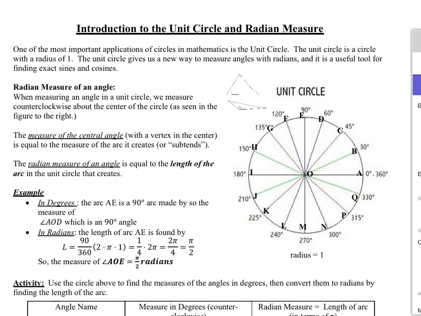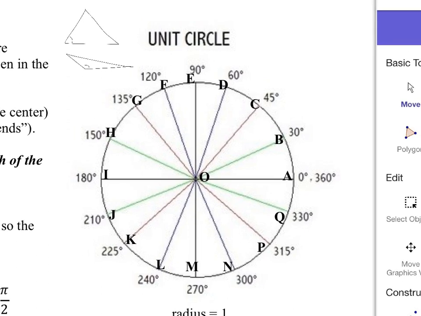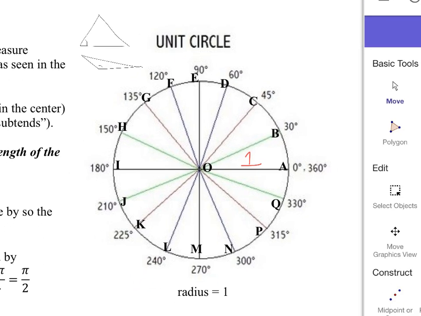All right? So when we're learning about radian measure, it's very useful to think about something called the unit circle. The unit circle is a circle that has a radius of one unit. Often we'll put this circle in the coordinate plane, but the key is that it has a radius of 1 unit.